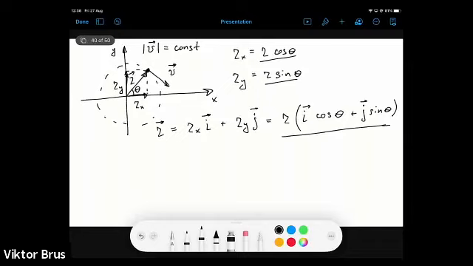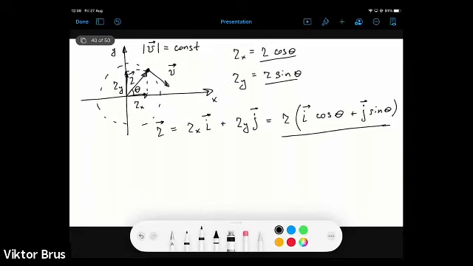And what is important for us, since we want to derive expressions for velocity, like our goal is to finally derive the expression for the centripetal acceleration, and that is technically the second derivative of the radius vector over time.